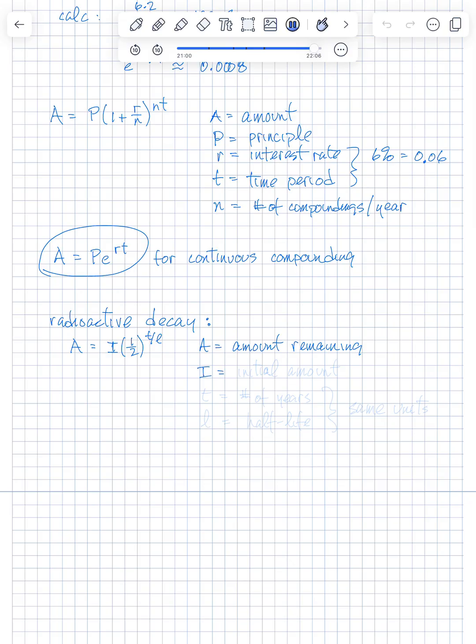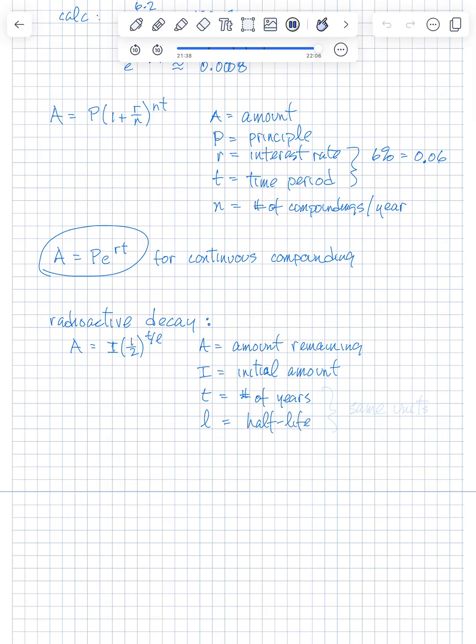I is the initial amount. T would be the number of years or the number of months or days. Doesn't really matter. It's the time. And L is equal to the half-life.